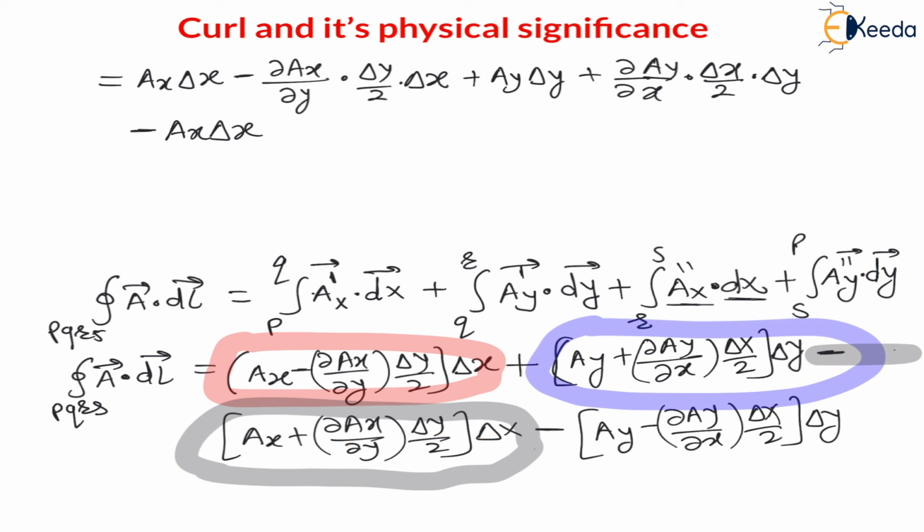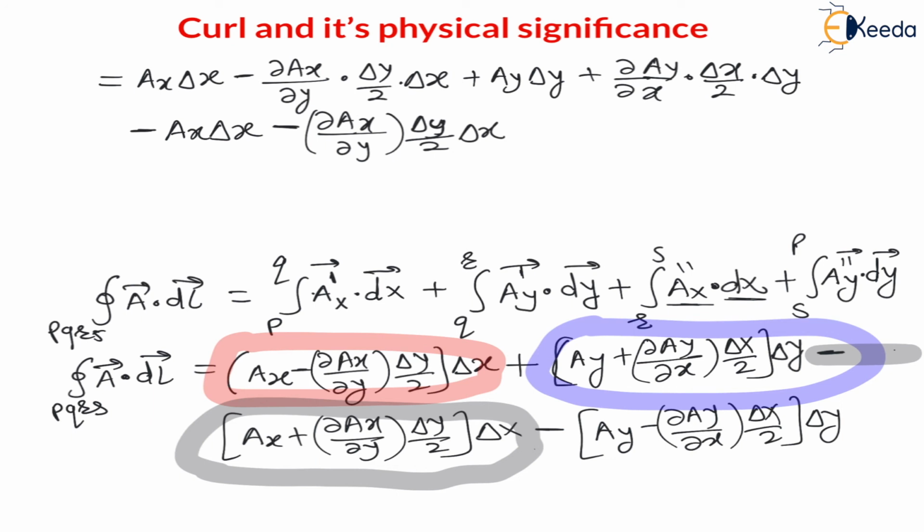Therefore, minus dou ax divided by, see, the calculation part is a little bit boring, but you have to do this calculation. If you do it physically in your notebook, then you will get interest in this, right? Into del x.